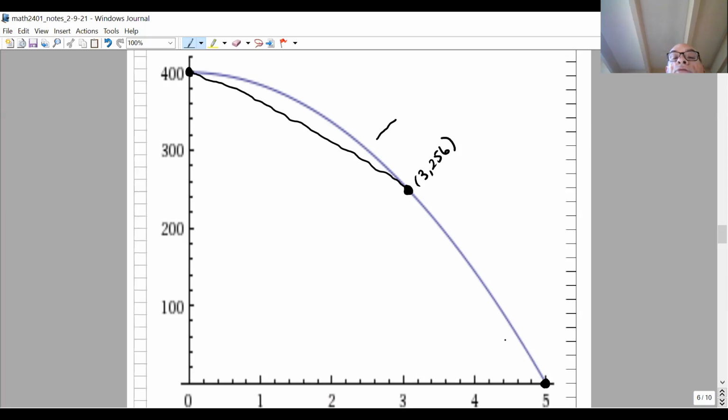By the way, Saad, what's the slope of that straight line that I just drew there? That's supposed to be a straight line. We had calculated the average rate of change. What was that number?